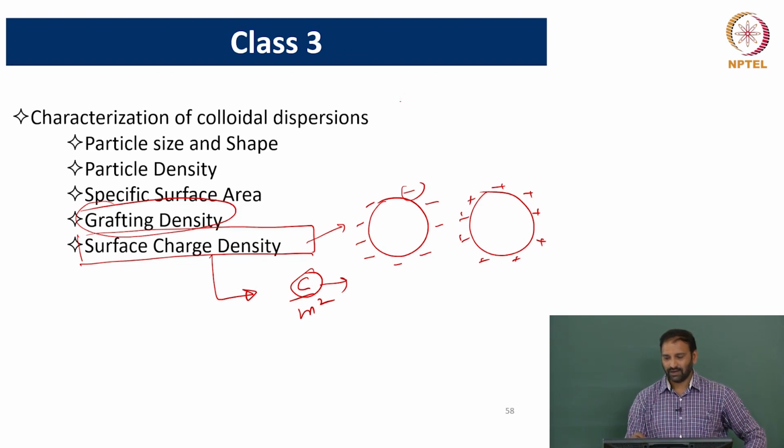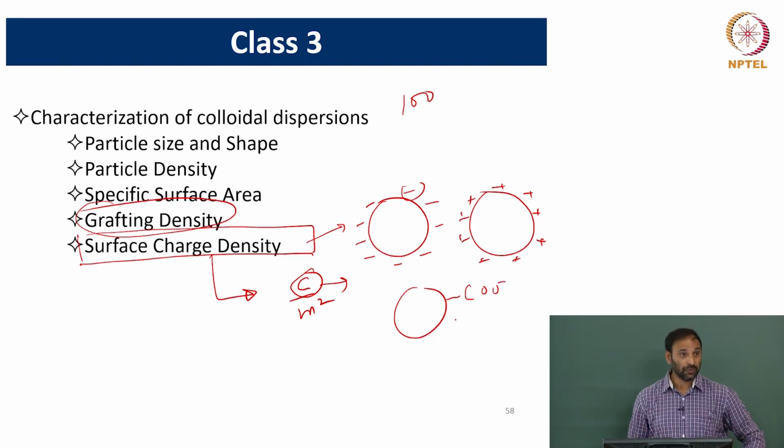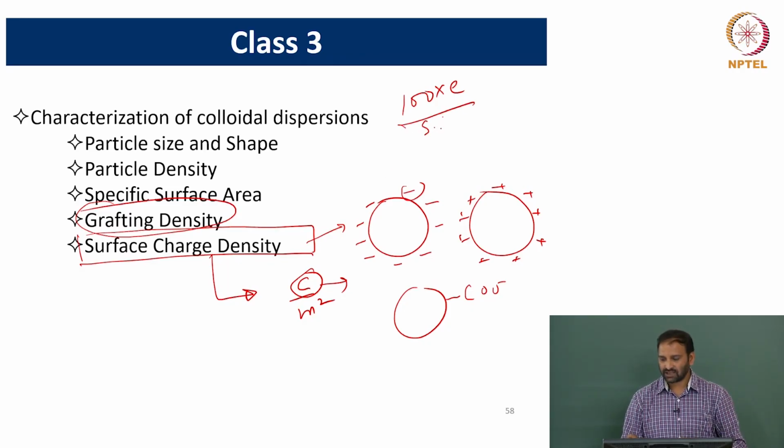Say I have a particle surface where my surface group is COO minus. If you have 100 such groups, then the charge on the particle surface is going to be 100 times the charge of the electron. That's your total charge on the particle surface, divided by the surface area of the particle, which will tell you the surface charge density.